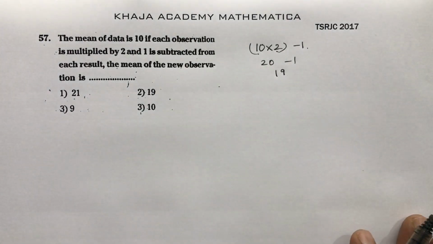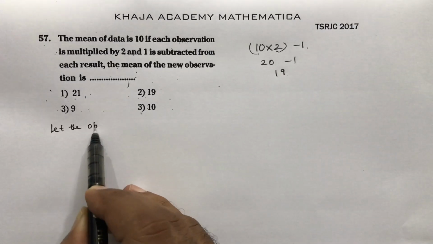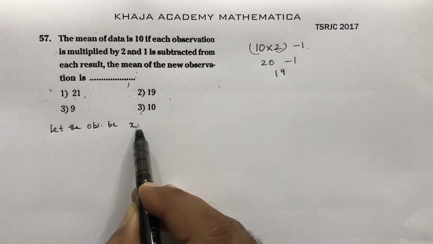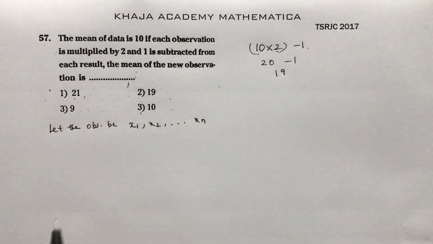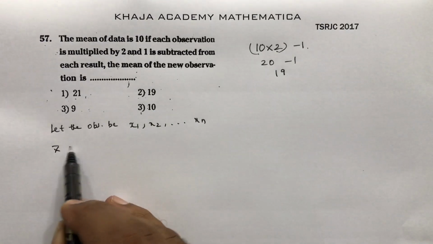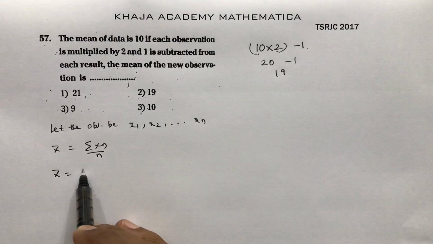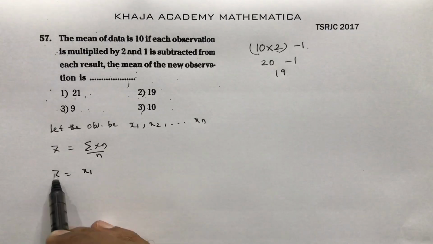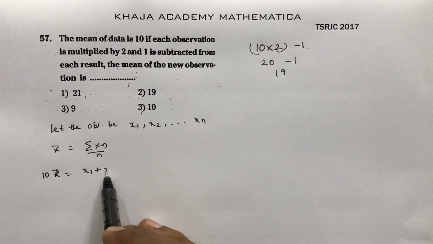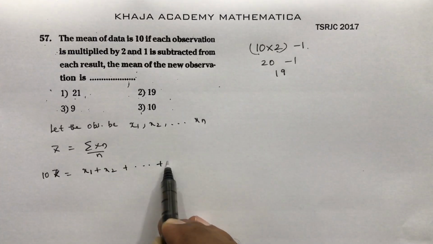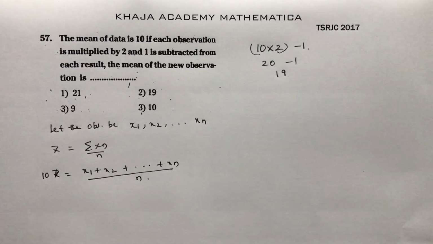But let's explain this in detail. Let the observations be x1, x2, and so on, xn. Then the mean is the sum of the observations by the number of observations. The mean they gave is 10, so 10 equals x1 plus x2 plus so on xn by n.